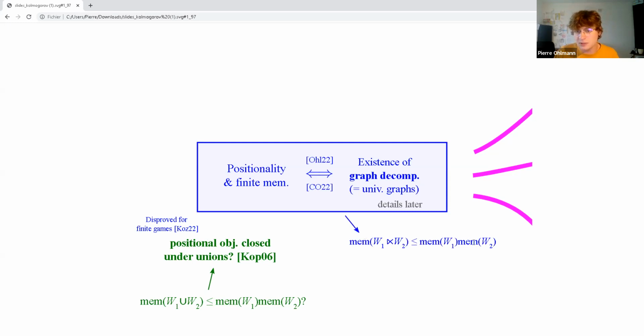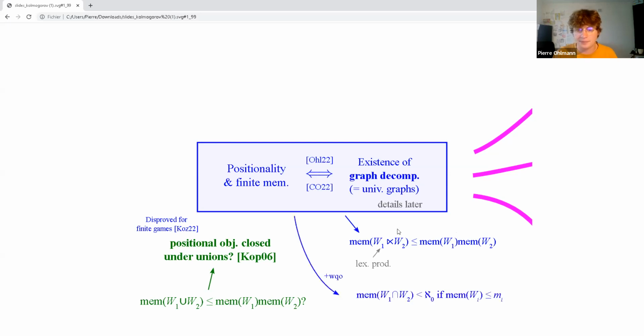I put it in blue because we can prove it, thanks to this tool, that the memory of a lexicographic product of objectives is smaller than the product of the memories.